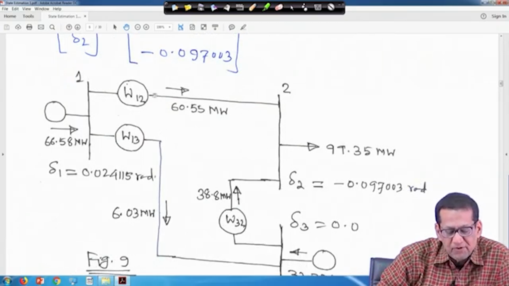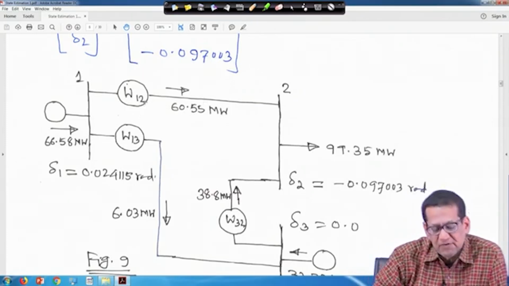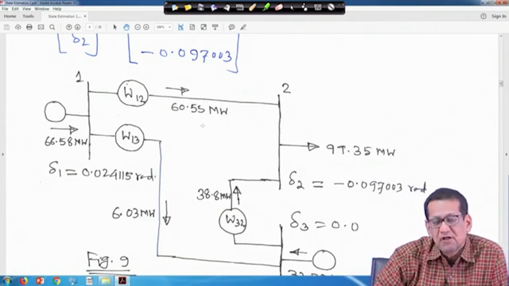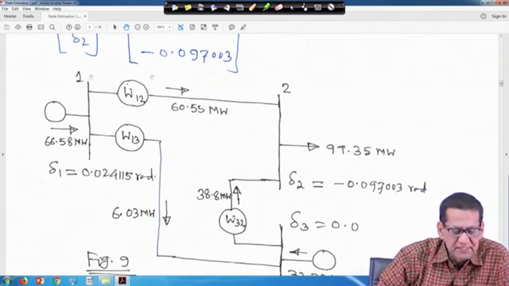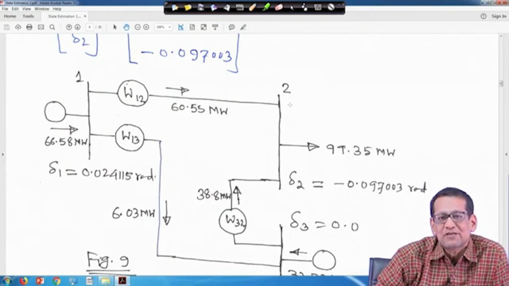Therefore, if you now calculate the power flow using the same thing, you will get W12, power flowing from 1 to 2, whatever meter reading was given, that 60.55. Simply you can calculate this directly, delta 1 minus delta 2 upon x12. Only thing is that all bus voltage magnitudes we have assumed 1 per unit.